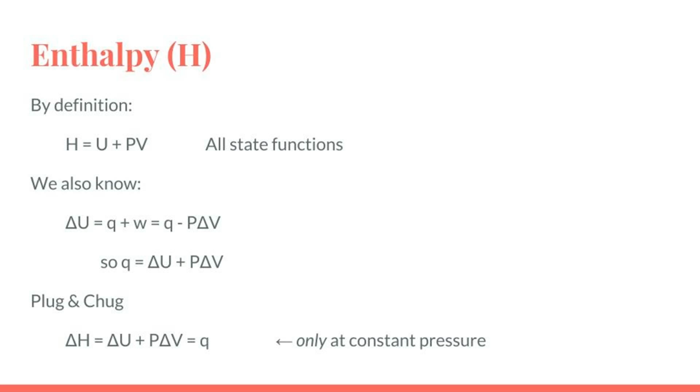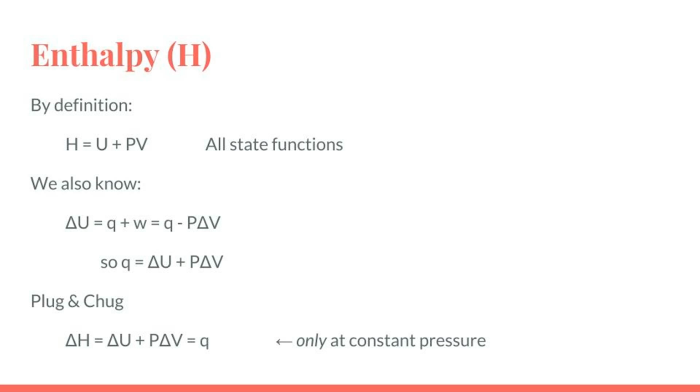That means it's only true when pressure is constant. But that means that it's true for the majority of chemistry, because constant pressure just means that it's open to the atmosphere. The pressure is constantly in equilibrium with the air around it, so pressure doesn't change.